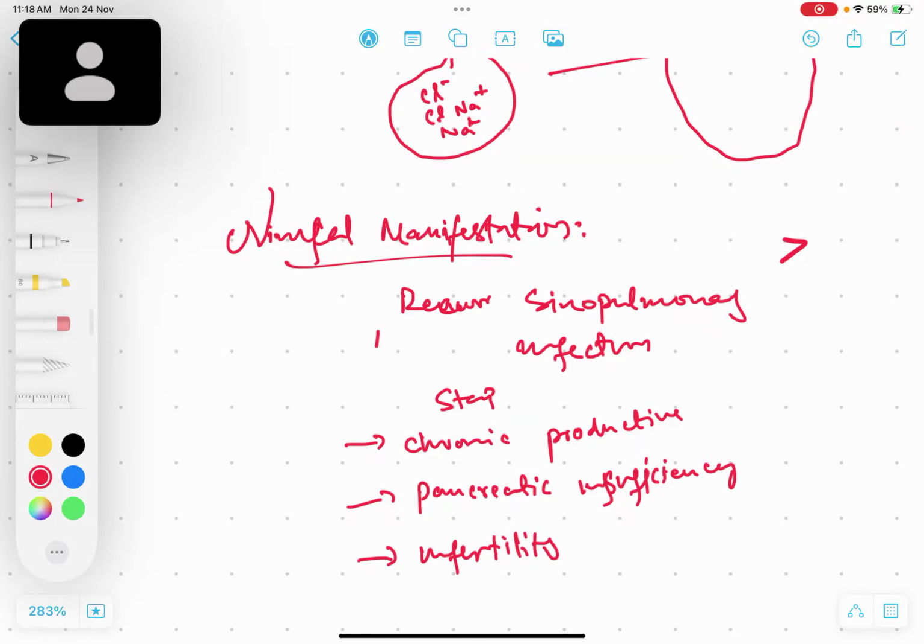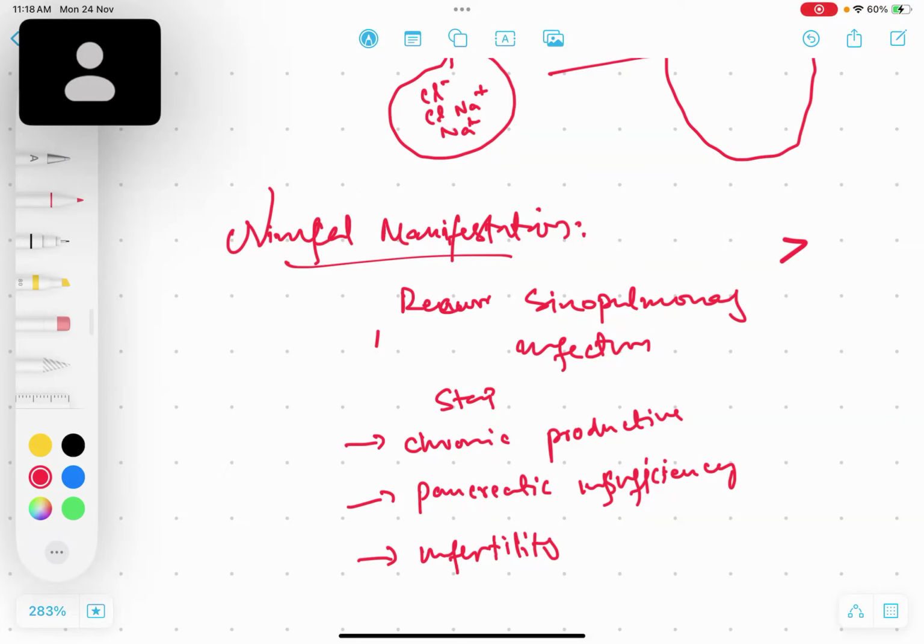All right. So these are some of the clinical manifestations in patients with cystic fibrosis, right? You have a lot of questions on cystic fibrosis related to Pseudomonas. Okay. All right.